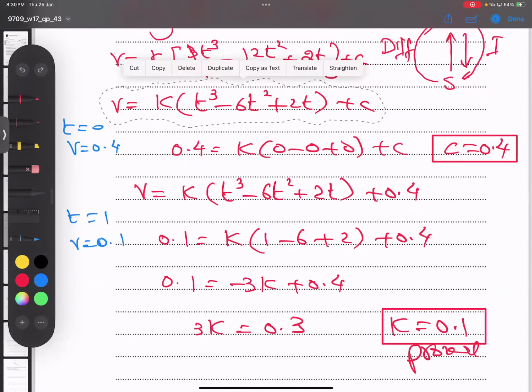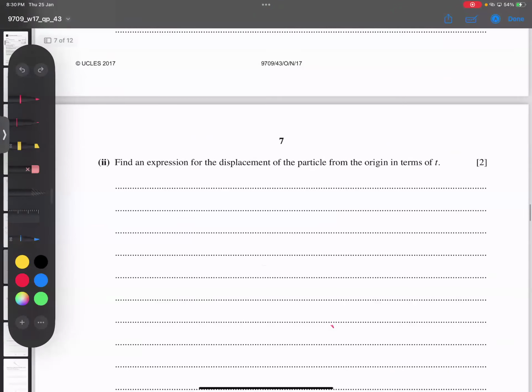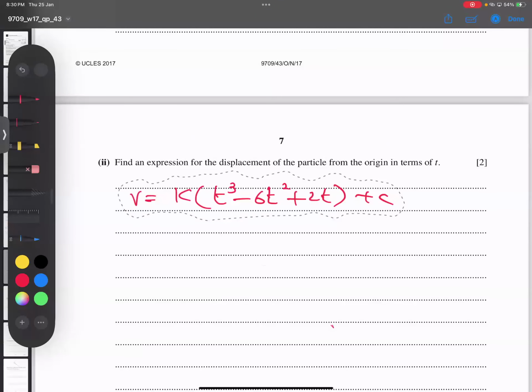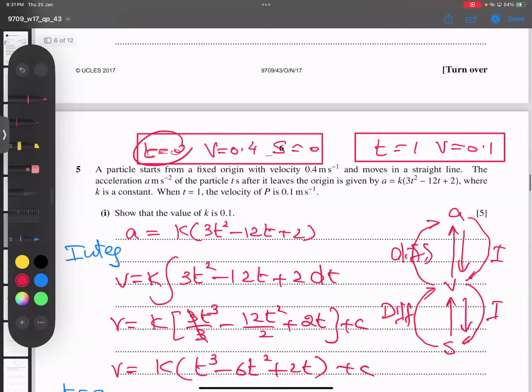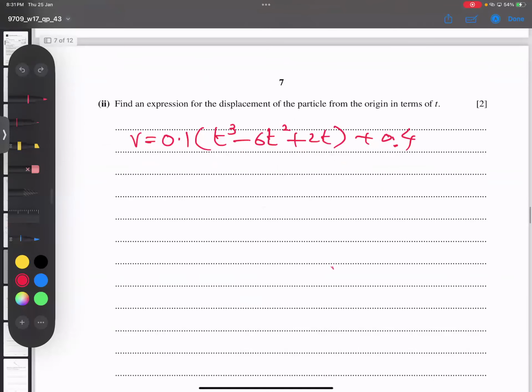The k value is 0.1 and the c value I got is 0.4. Now we know this condition: at t = 0, s = 0. This condition will help us get the constant value.